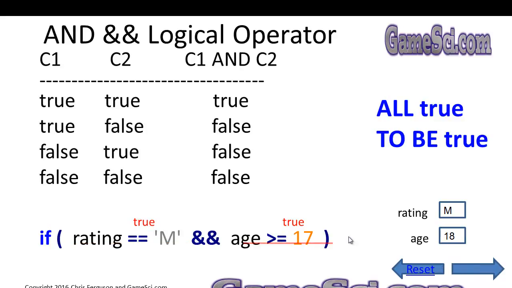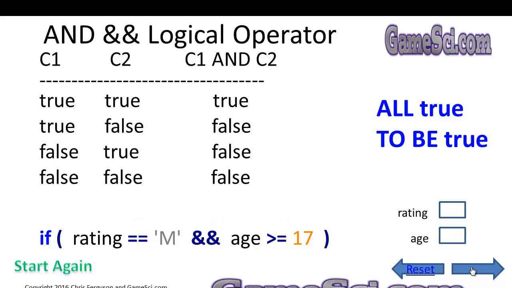Age greater than or equal to 17, 18 greater than or equal to 17, is also a true statement. So both sides are true. Now when both sides of the AND are true, what does the truth table tell us? All true to be true. When both sides are true, the result of the AND will be a true statement. So overall, when I AND both of these together, I get a true statement, and whatever's in the if block will execute. All true to be true.